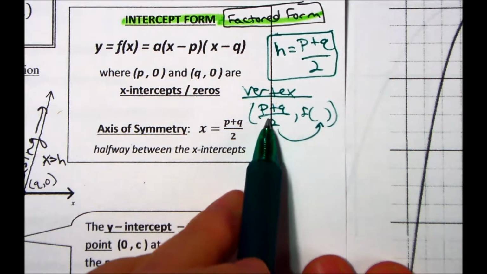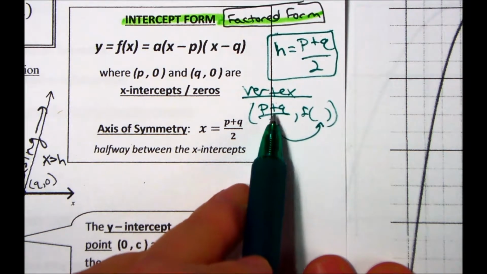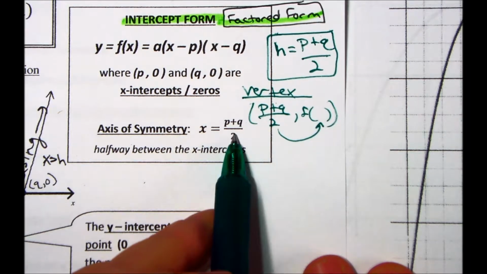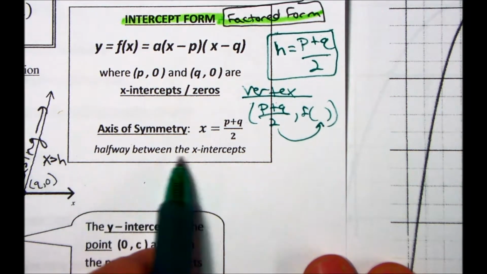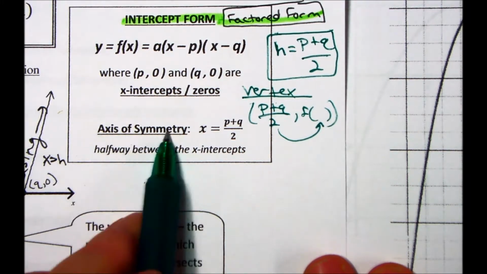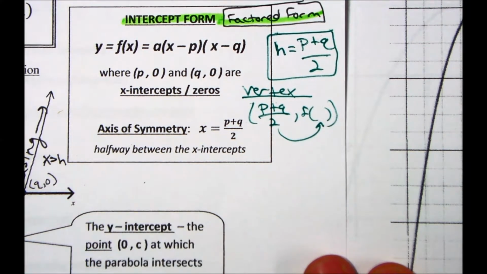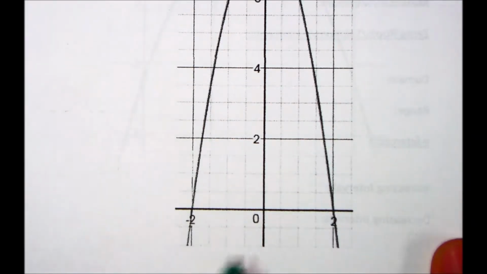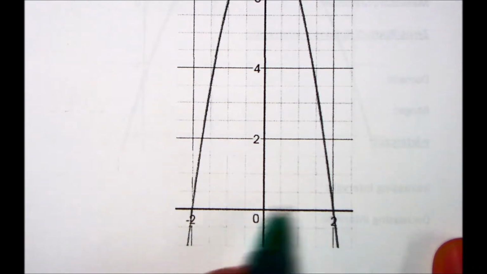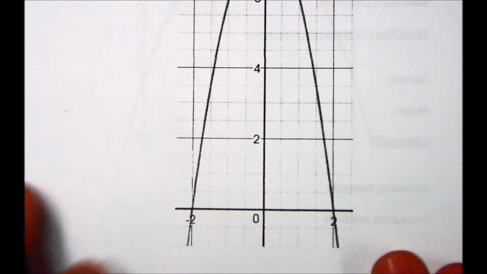Notice that this x-coordinate is also the number we use for the axis of symmetry. Think of it this way: the axis of symmetry is halfway between the x-intercepts. If you look at this graph, we have an x-intercept at positive 2 and an x-intercept at negative 2.